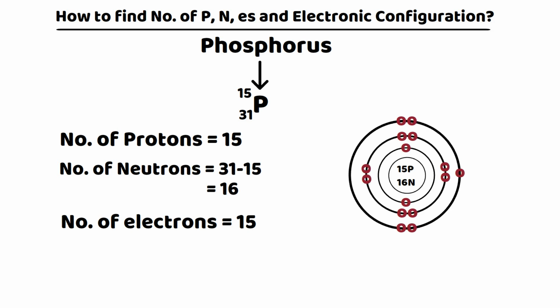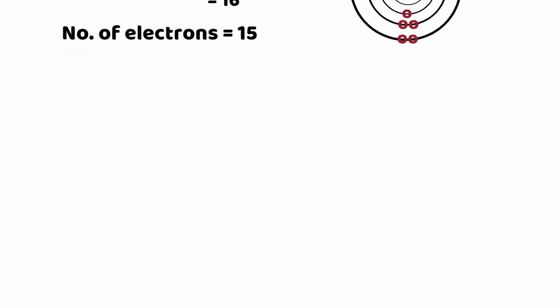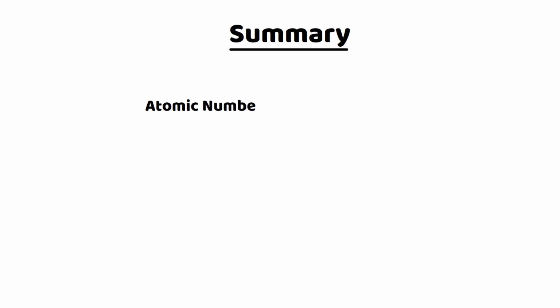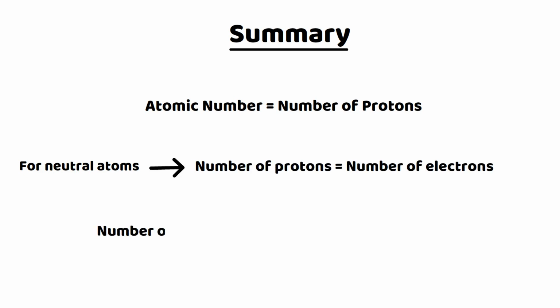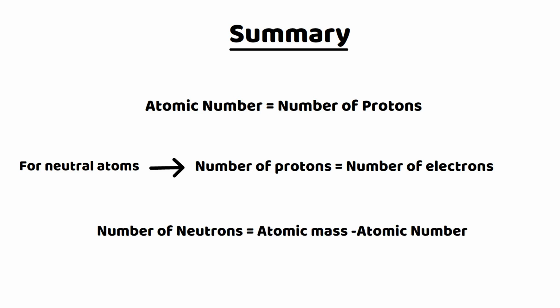Means 2 electrons in the first shell, 8 electrons in the second shell and 5 electrons in the third or last shell. So in summary we can say for an atom, the atomic number is equal to the number of protons. If the atom is neutral, then protons are equal to electrons. And for finding the number of neutrons, we subtract atomic number from atomic mass.